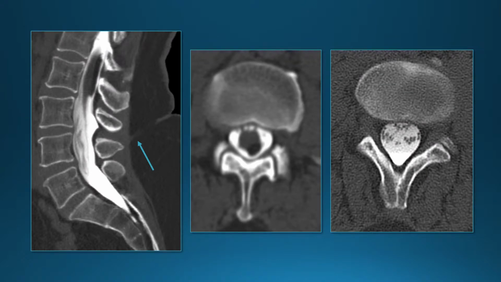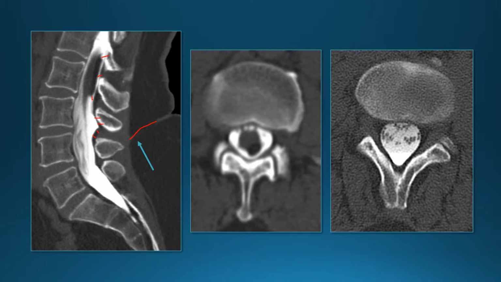This is a CT myelogram, and you can faintly see a linear density going from the skin to the muscle here at L3-4. And when we look at the thecal sac, it has a little pointed appearance at L3-4, and inside the thecal sac we see this low density fatty lesion attached to the spinal cord.